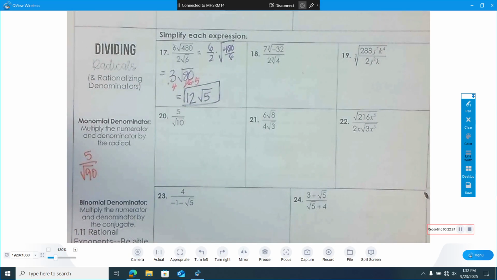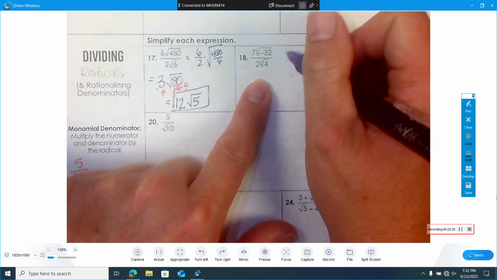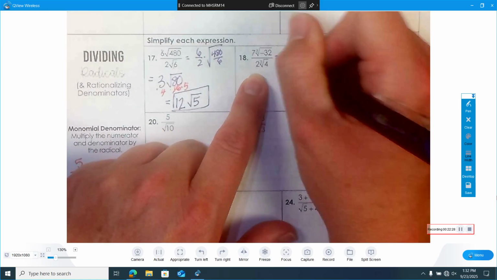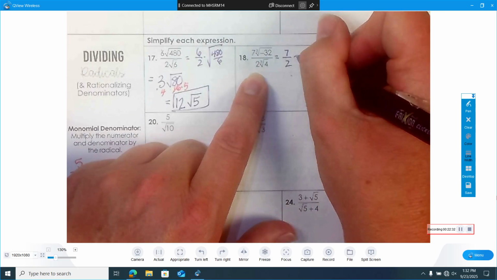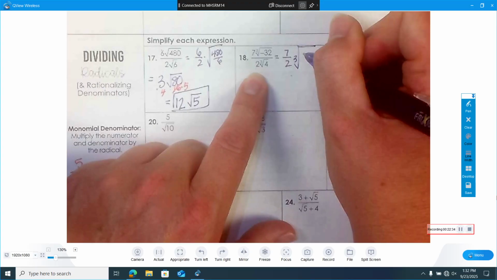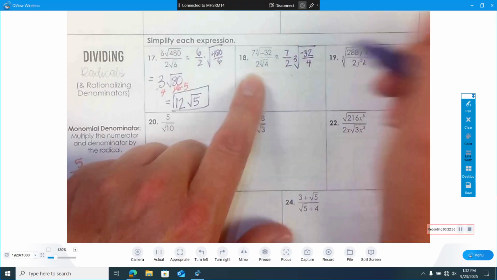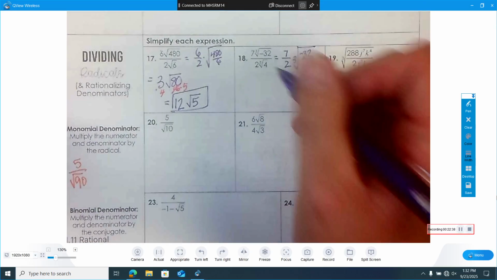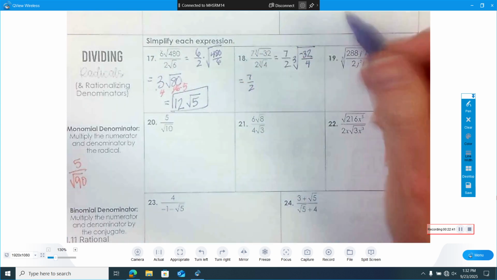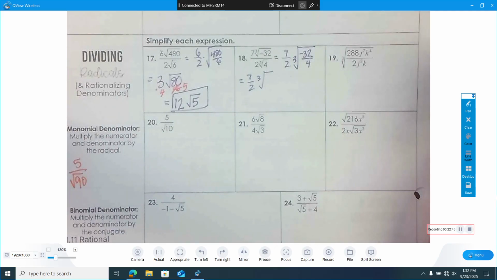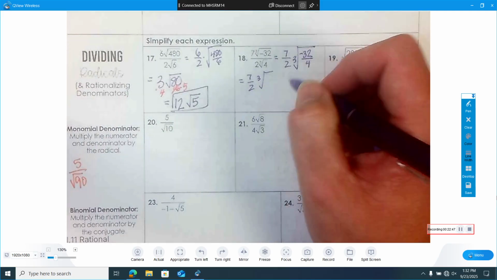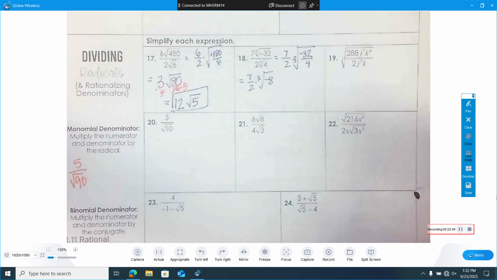All right, so we did the same thing on number 18 here. We have a 7 over 2 situation, and then both of these are under a cube root. So we'd have negative 32 over 4, which cleans up really nice. So I have 7 over 2, and this is the cube root of, what is negative 32 divided by 4? Negative 8. All right.